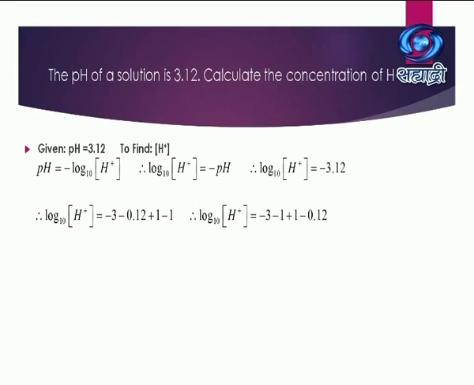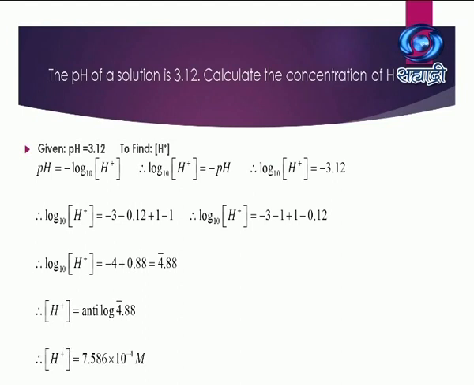First two terms, second and next two terms. So it becomes bar 4.88. So minus 3.12 is equivalent to bar 4.88. And now H plus ion concentration is anti-log of bar 4.88. 0.88 anti-log is 7.586. Bar 4 is the power of 10. So 7.586 into 10 raised to minus 4 is the H plus ion concentration.